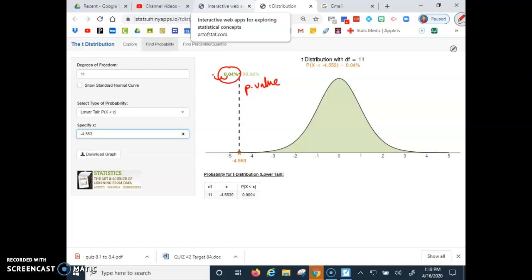Right there, and there's another 0. So, let me grab my paper from my desk. The probability that we would get a test statistic that is more extreme than what we got from our sample data would be 0.0004.